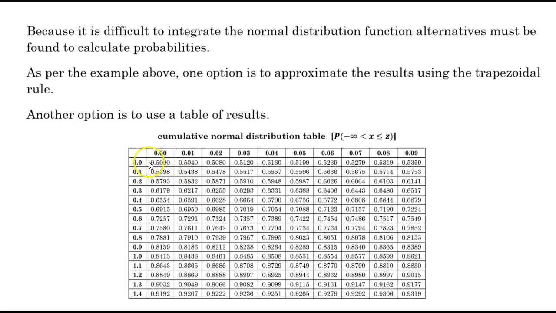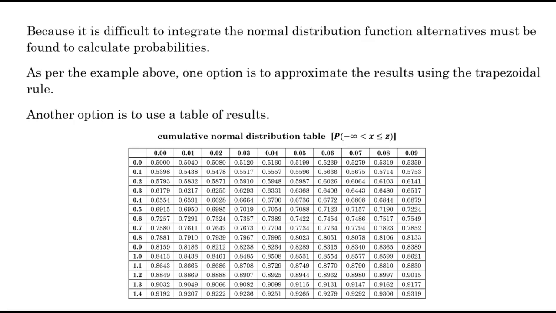And of course here at 0 standard deviations above the mean, I'm at the mean, and from negative infinity to the mean, I have half of that total area enclosed, 0.5. If I go 0.01 standard deviations above the mean, it's a little bit more than half of the total area under that curve.